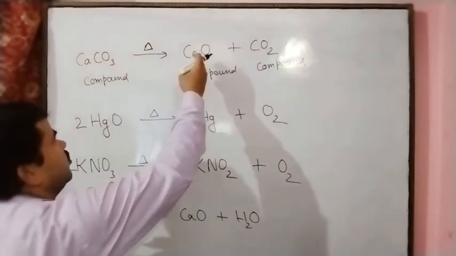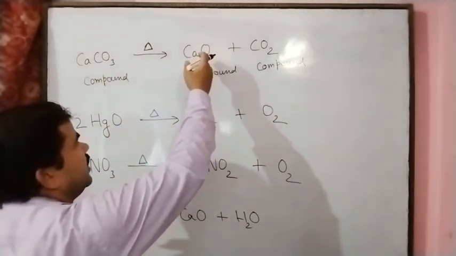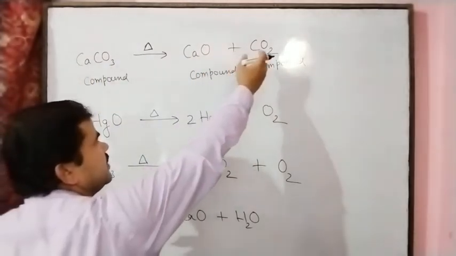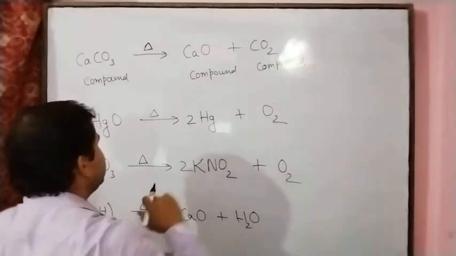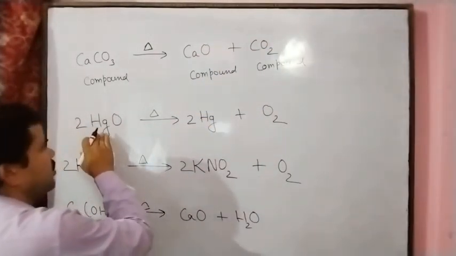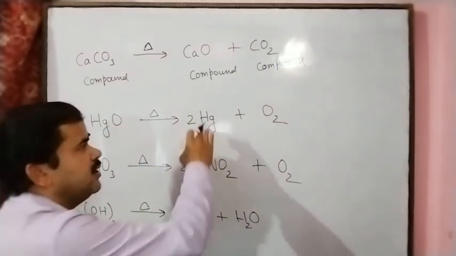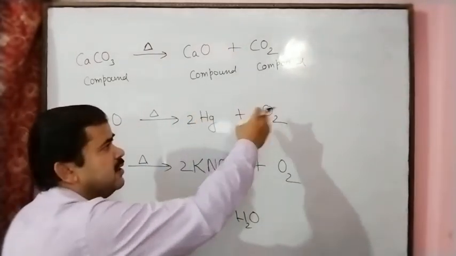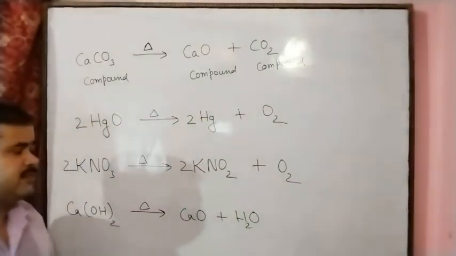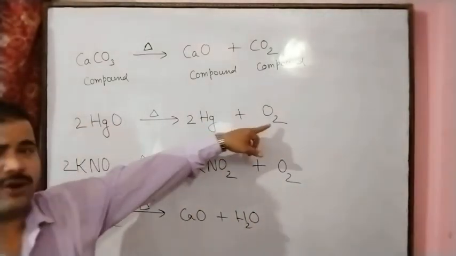Calcium carbonate decomposes into calcium oxide, which we know is a solid substance, and carbon dioxide, which is a gas. In the same manner, if we heat mercuric oxide, we get mercury, a silvery substance, and oxygen. Mercury is the residue, and oxygen is a gas.